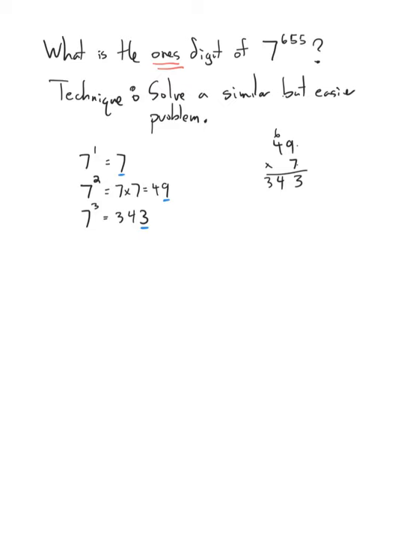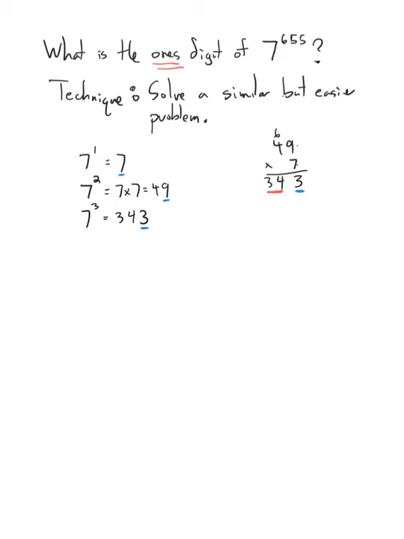And what I want you guys to notice, think about what we did when we did this calculation. This is the only digit we were interested in, this ones digit, which was the 3. So if you think about it, what's over here, we're not really concerned about.